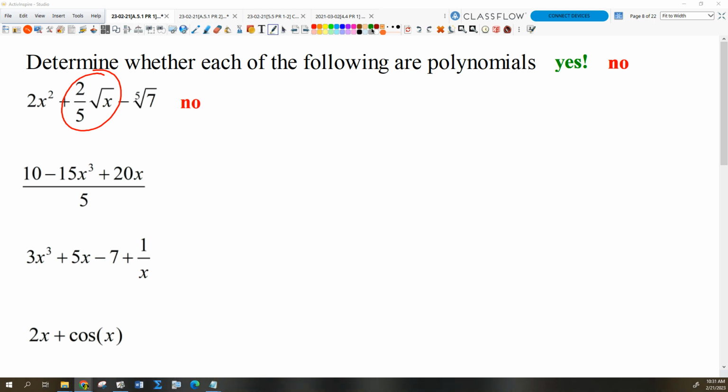If I wrote that in standard form, what would the first term be? Negative 3x cubed. Yeah, everybody agree? Because look, negative 15 divided by 5 is just negative 3. And then we want to do the x cubed term first. There's the first one. Lily, what's the second term going to be?